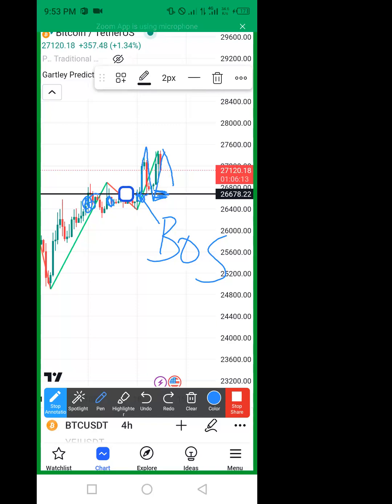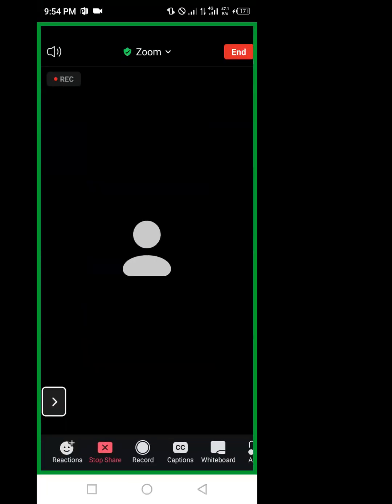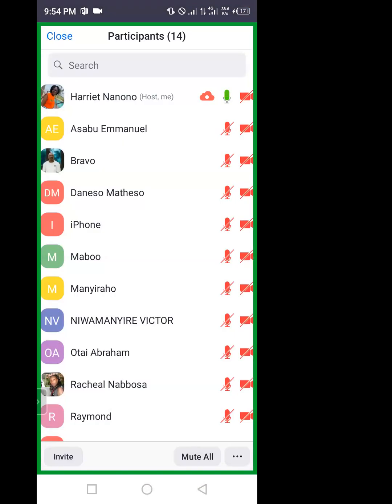We might either come back and hit this support line before we decide either to go up again and surpass this, or we shall just decide to go down again. Okay, hoping that is clear. Before I show you the settings of the GARTLEY predictor, if you have understood what I have said, please go to the chat room and give me a 1 so that I know that you are following.